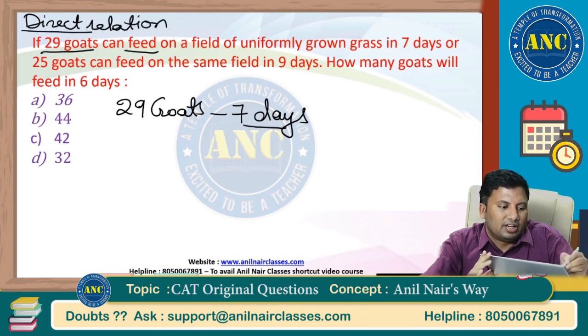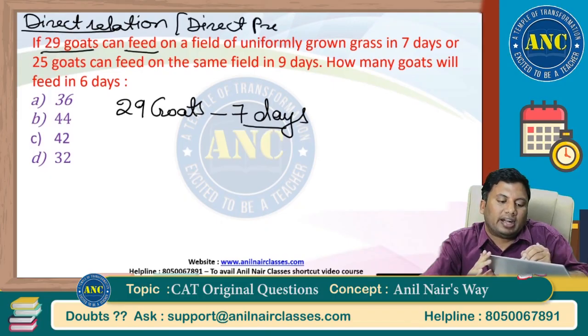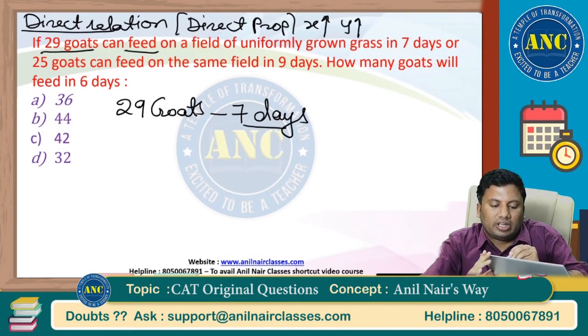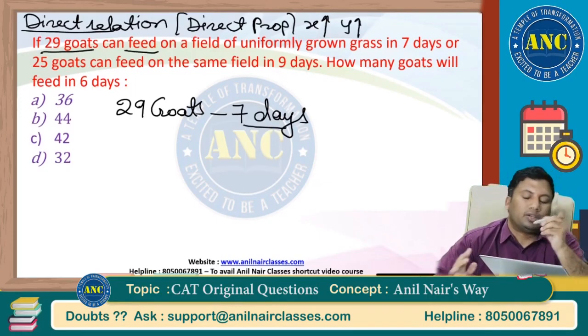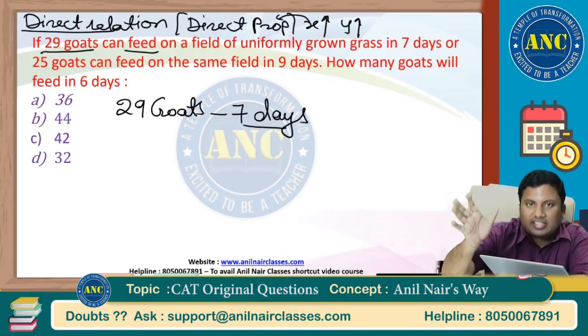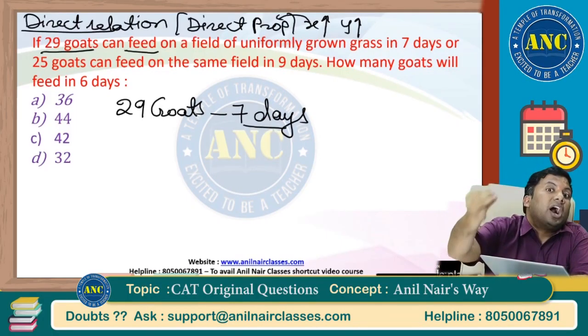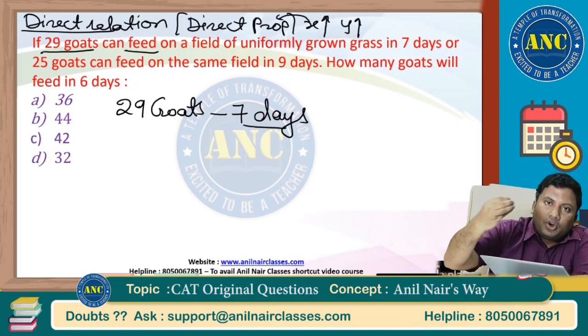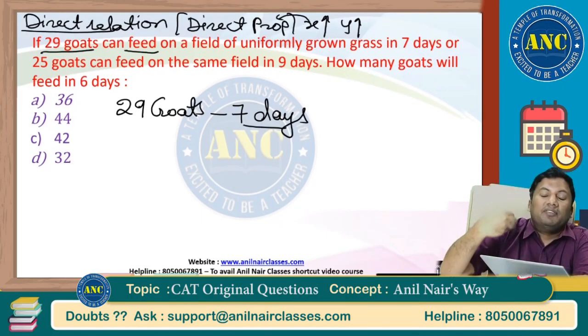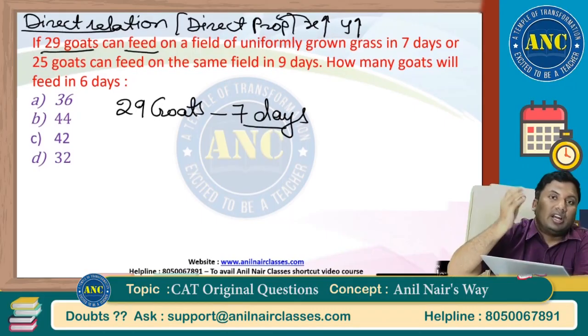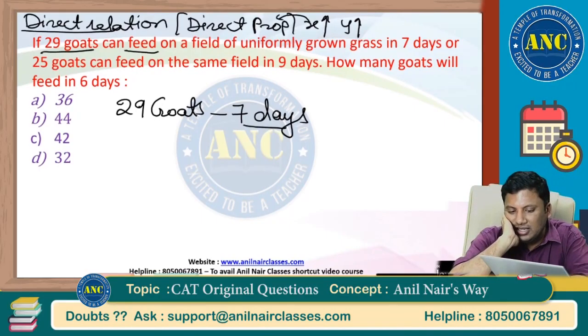What is the difference between direct relation and direct proportion? If x increases by 2 times and y increases by 2 times, that is proportion. In relation, if x increases, y will also increase, but may not be in equal times. Proportion means x doubles, y doubles. But in relation, x increases, y increases.